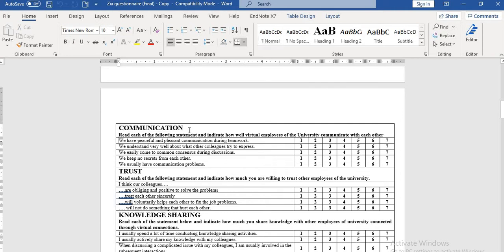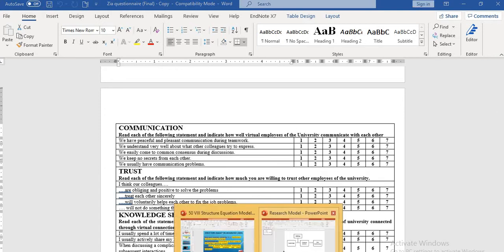Communication: you have received the data for the variable communication on the basis of these 5 items. So these 5 items are the measured variables, or the items, or the instrument, and this instrument helps you analyze communication as a variable. So communication is a latent variable, and these items, this instrument, are the measured variables.